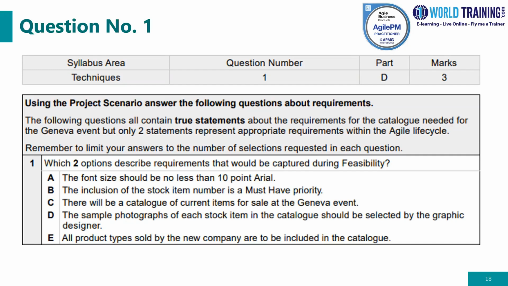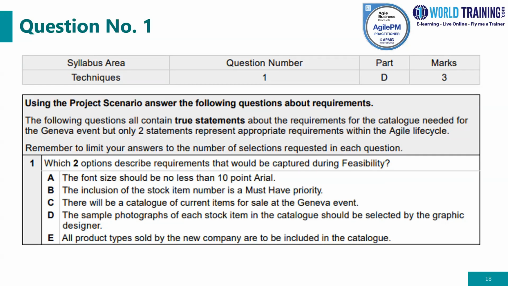The following questions all contain true statements about the requirements for the catalog needed for the Geneva event, but only 2 statements represent appropriate requirements within the Agile life cycle. Remember to limit your answers to the number of selections requested in each question.